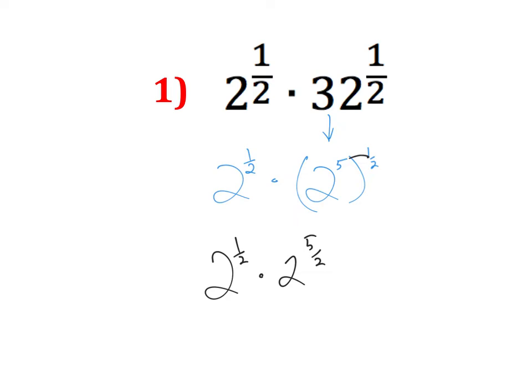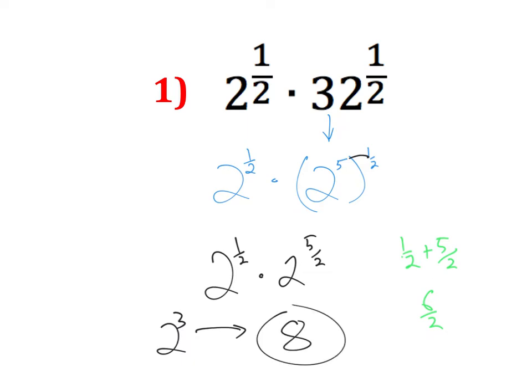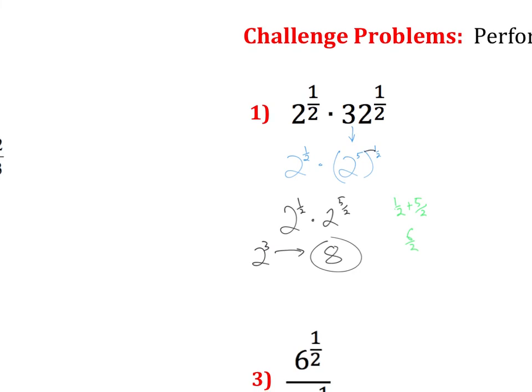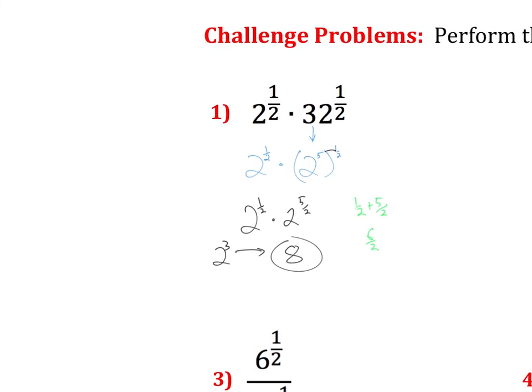I'm seeing the same base being multiplied, so I'll add those exponents. 1/2 plus 5/2 is 6/2. And that's just 3. So this is 2 to the 3rd, which is 8. So all of that nonsense there turned into a nice clean number, 8.